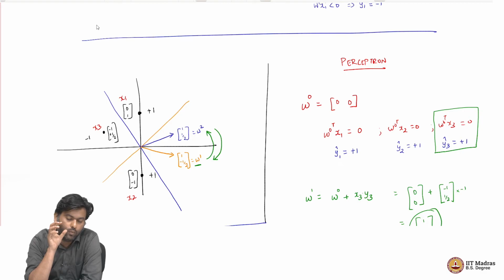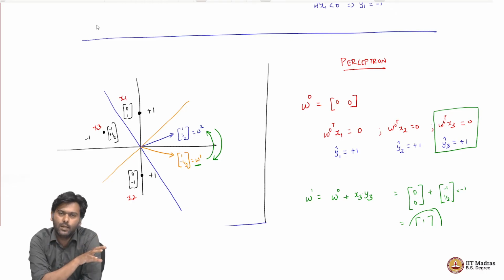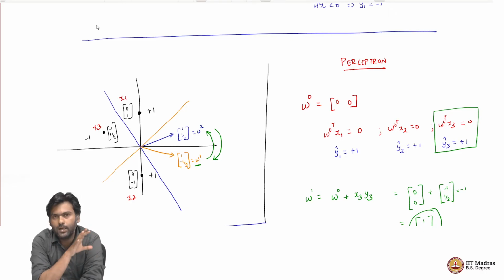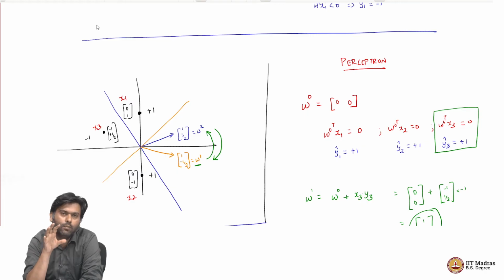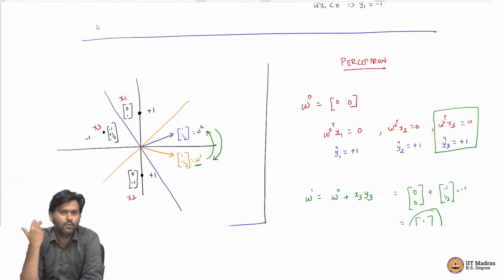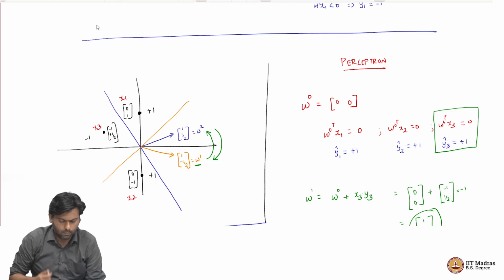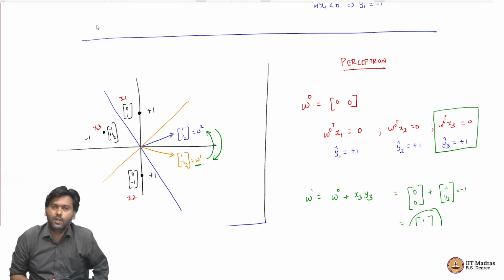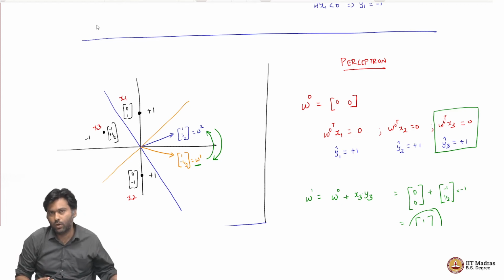Our goal was to see if the Perceptron algorithm will give us a w which correctly classifies all our data points if the data set is linearly separable. But it looks like that is not the case. Though it had just 3 points, it is still a data set, and according to our definition it is linearly separable. But if I run the Perceptron algorithm, it is not going to get me a w which correctly classifies all my data points.